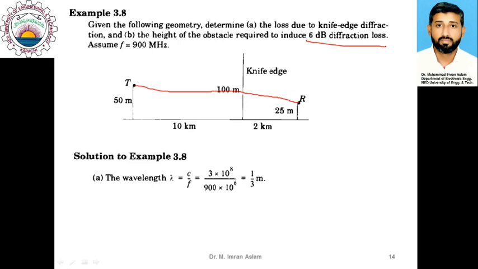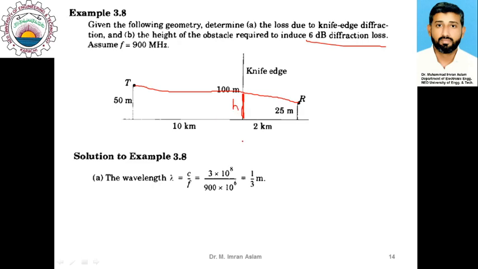Having nu equal to 0 illustrates that this knife edge has enough length which is equal to this LOS path. So actually we are interested in calculating this length, which I have indicated in red here. So we are interested in having this length.